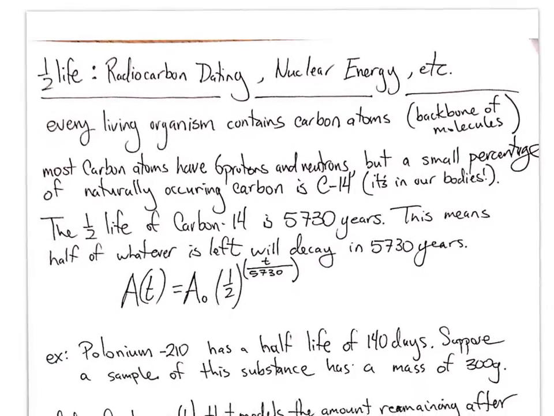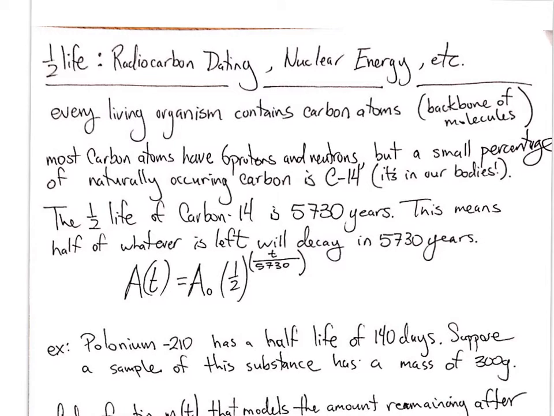Half-life. I know this is a lot of words here, but here's what we're talking about. You probably learned something about this in both biology and chemistry, radiocarbon dating, etc. When something is radioactive, within the nucleus there are protons and neutrons. The atomic mass of a carbon atom is 12 for the majority of them, but some of them are heavier, meaning they have extra neutrons.